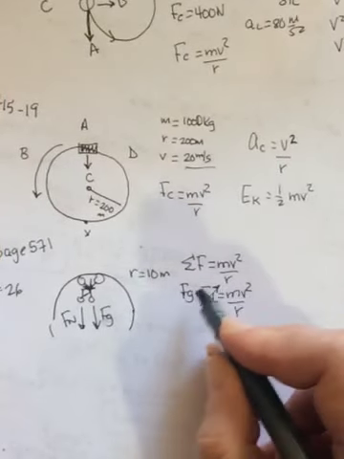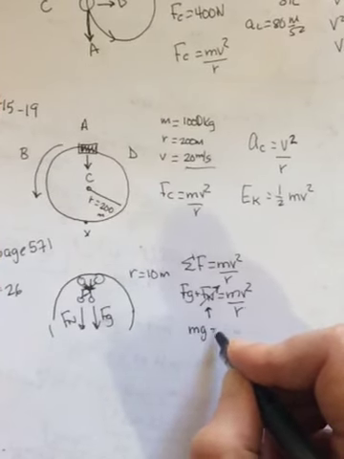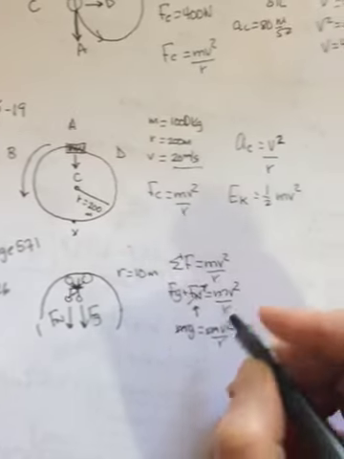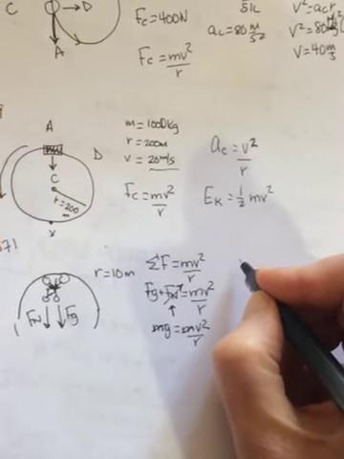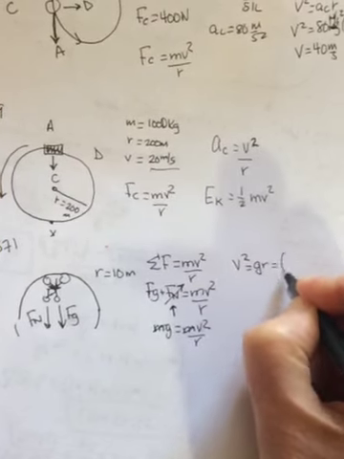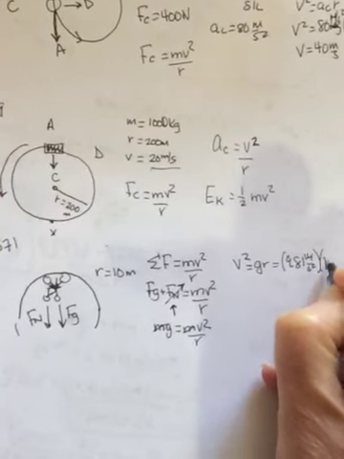So the minimum speed is when Fn is 0 and Fg or mg is equal to mv squared over r. The m's will cancel, multiply both sides by r. So v squared is equal to g times r, 9.81 meters per second squared, times 10 meters.